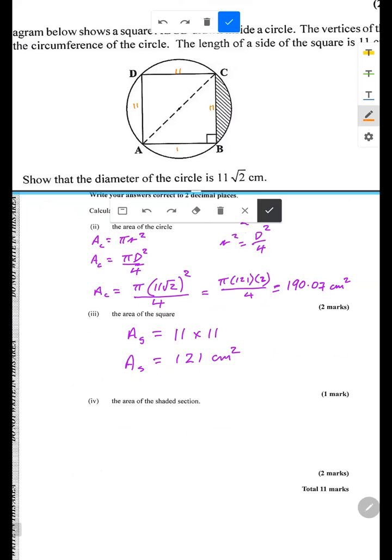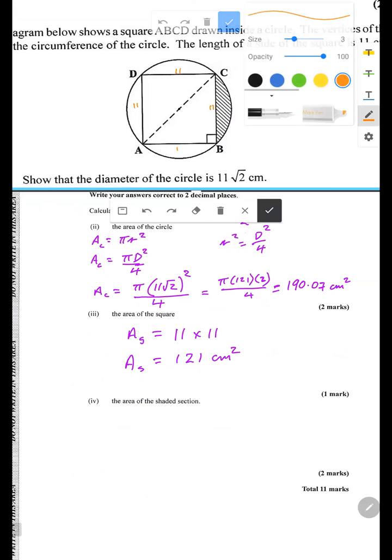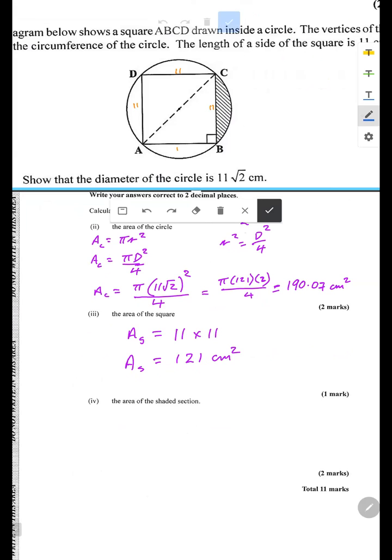So if we look at it, the area shaded is basically 1 out of these 4 segments. These are called segments. The region between a chord and the circumference is called a segment. There are 4 of them. So we can find the total area of those 4 and then divide it by 4 to get the one that we want. Simple as that.